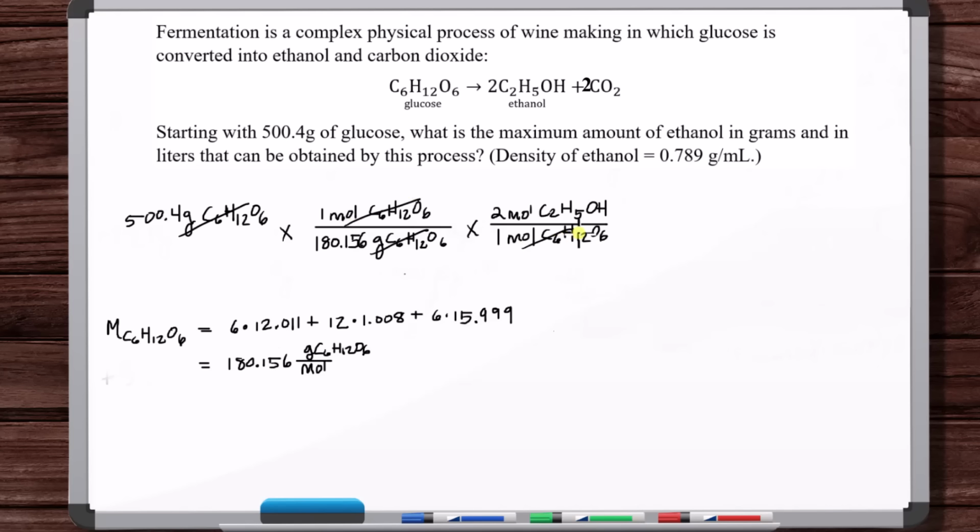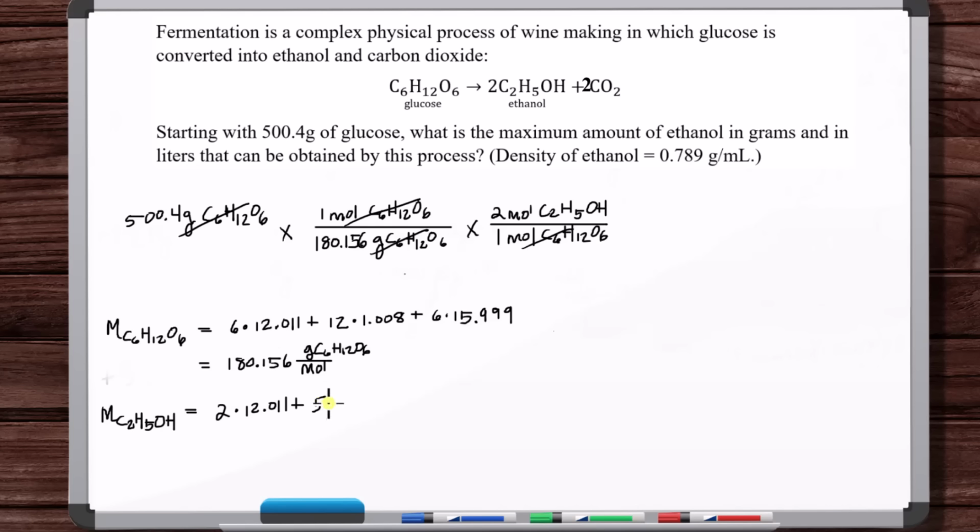Okay, now we've gotten to moles of ethanol, but we want to get to grams of ethanol. And then once we're at grams, we could also get to liters. Okay, so now we need the molar mass of ethanol. So we've got 2 carbon atoms, and carbon was 12.011.